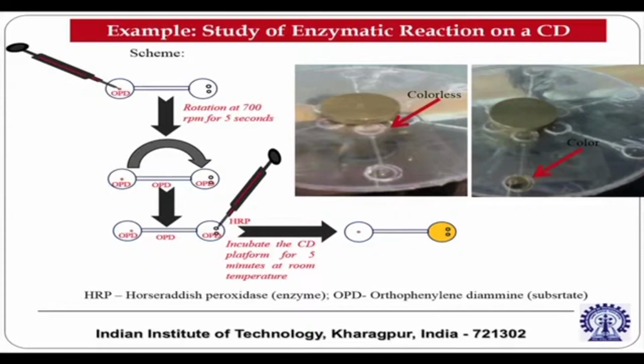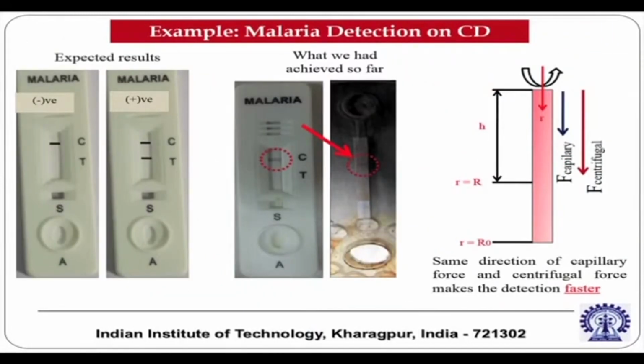So it is possible that on a single CD you can make thousands of tests in thousands of channels by using just a very small volume of blood and a small volume of reactants or chemicals that will possibly react with the blood sample. You do not require separate actuations to actuate the movement of blood in different channels, just by a simple single motor you can actuate the movement.